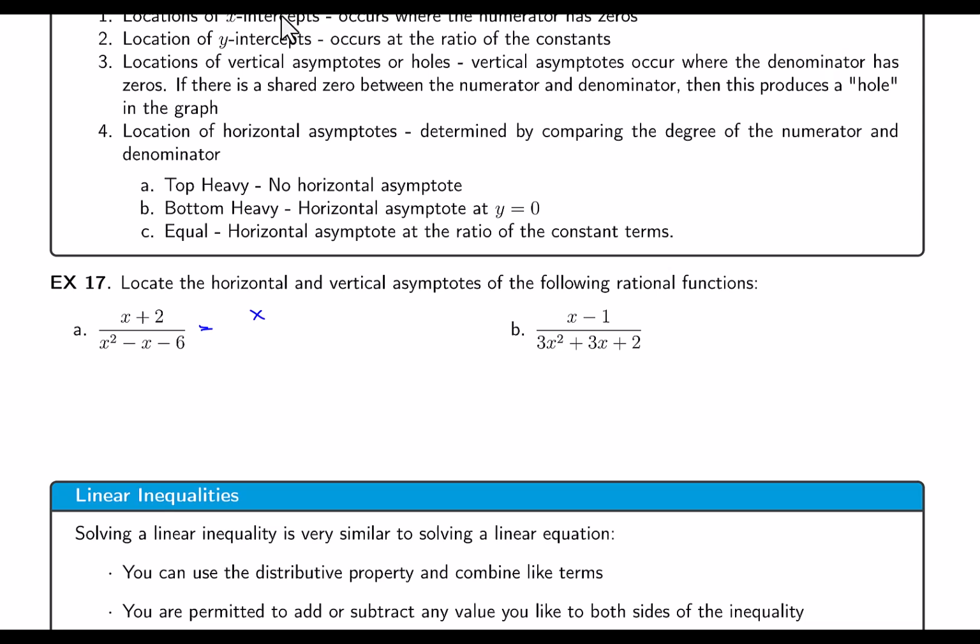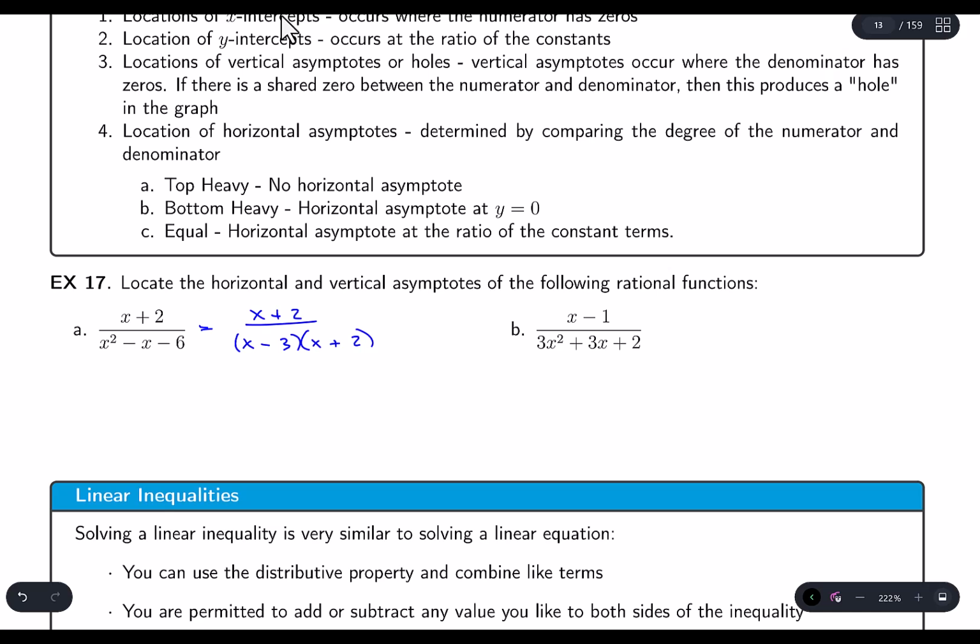So, for instance, the numerator is linear. It won't factor. You just leave it as is. The denominator, however, I'm sorry, it is quadratic, so it does have some factors. And if I factor it, this would be an x and an x. The 6 there can factor into 3 and 2. And then if the 3 is negative and the 2 is positive, the middle terms would add up to negative x.